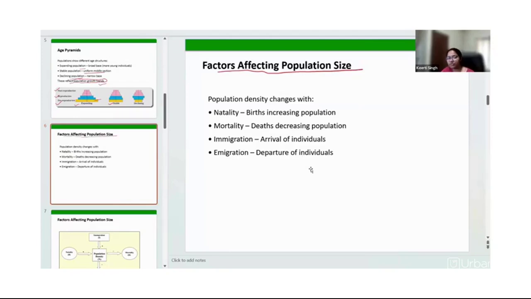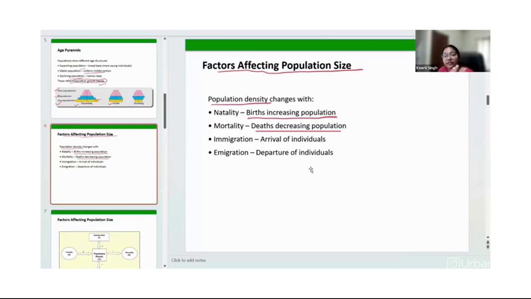When we are taking into account the population density, how does this population density change? It either changes when the birth is showing the increasing population. It means there are more number of births again and again, or in each year it is increasing, or there is a sudden decrease in population because of deaths. If suppose some kind of endemic or pandemic comes.